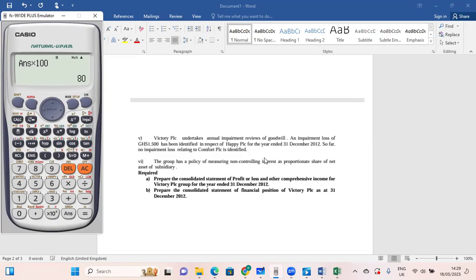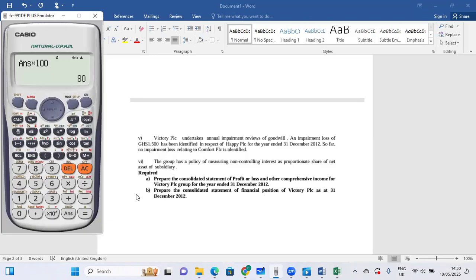So because it is proportionate share of net assets, we are not going to give them their share of impairment unless it were to be valued at NCI fair value. If we were valuing the subsidiary or NCI at fair value, then we would have shared the impairment loss between them. But since it is not that way, the parent is going to take all the impairments, right?